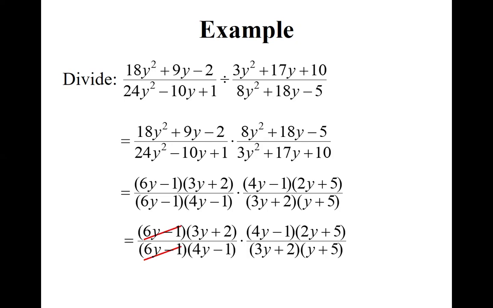The 6y minus 1, the 3y plus 2, the 4y minus 1. And all we're left with is (2y plus 5) over (y plus 5). So that's the answer. You'll never get there if you can't factor, though. Factoring is still the important tool that we have to be able to succeed.